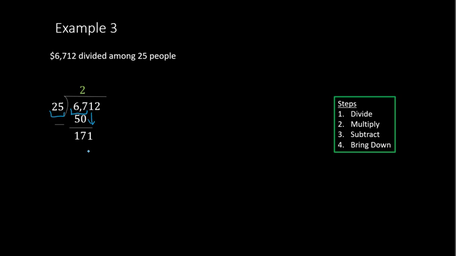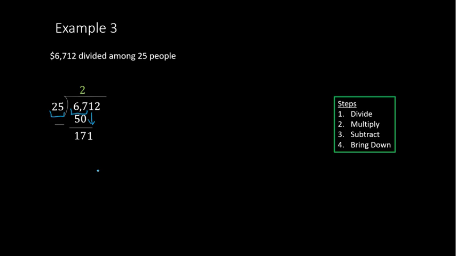Now we do 171 divided by 25. For this one, you've got to think through how many times 25 goes into 171. With 25, you can think of this as quarters. A quarter is 25 cents, 4 quarters makes $1 or 100 cents. 2 more quarters would be 50 cents, so 150 cents.